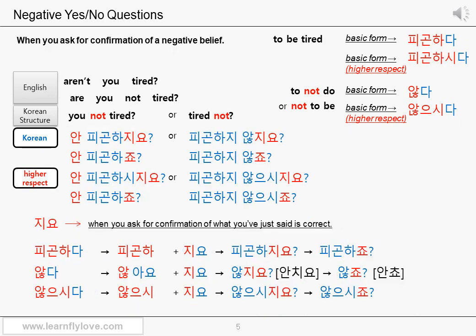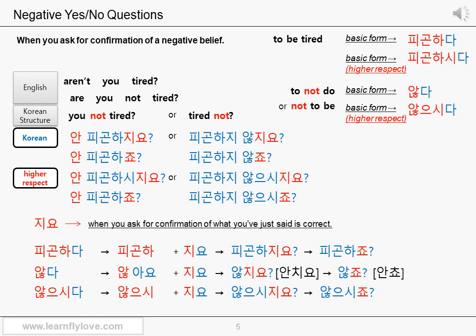Let's learn how to ask for confirmation of a negative belief with a negative yes-no question using 지요. We've learned about the ending 지요 a couple of pages before. Yes, you're right. This ending 지요 is not just used for a question with to be, 이에요, or to be not, 아니에요. It's even used for a positive yes-no question.